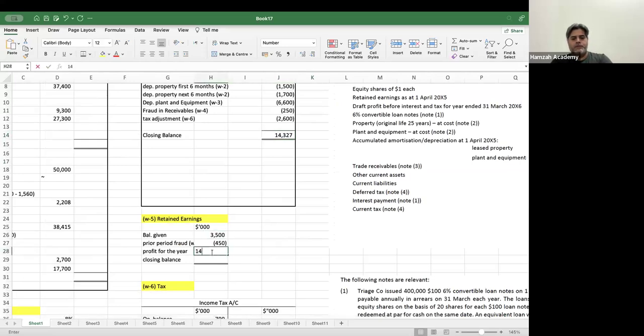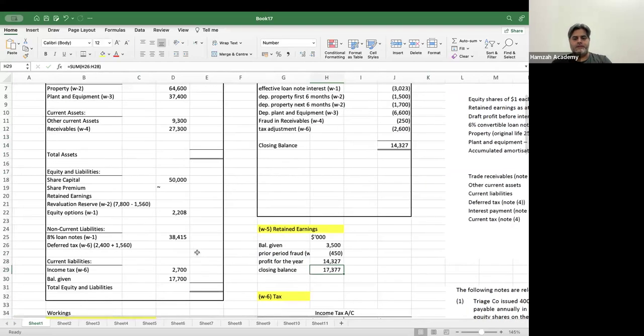Profit for the year 14,327. So the amount is going to be 17,377. So retained earnings 7,377.